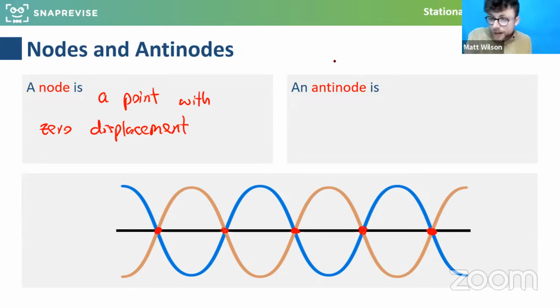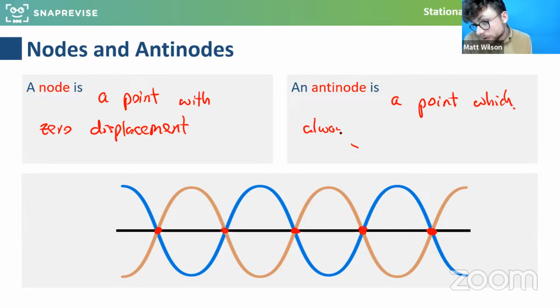Okay. An antinode is the opposite. An antinode is a point which always has the biggest displacement. The largest displacement on the string.